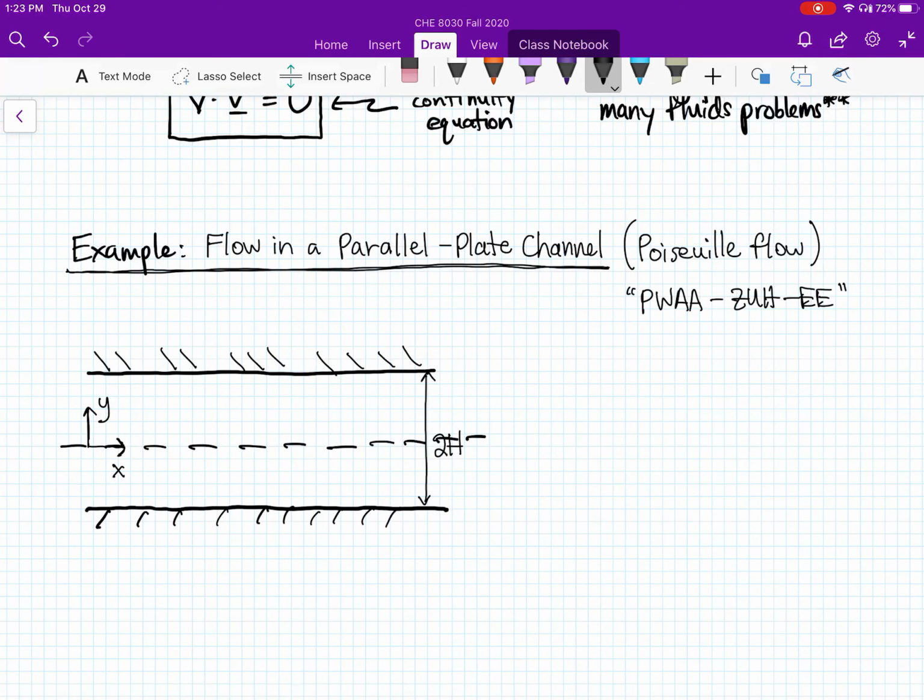Let's make some assumptions. The first thing we are going to assume is that we have an incompressible Newtonian fluid.